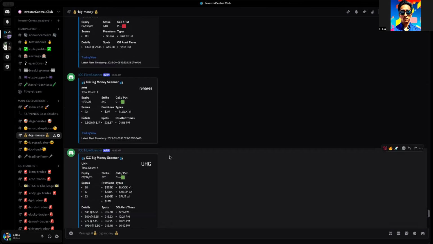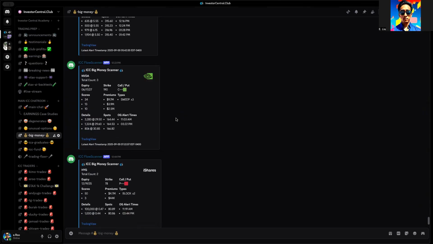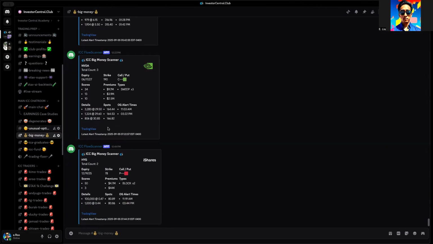So obviously there will be a lot of these coming in throughout the day, depending on if you are using just our Discord or if you're in STAX. For me, for example, I do have these unusual options and big money actually muted because when I do need to, I will go into STAX and look these up on the chart form instead.